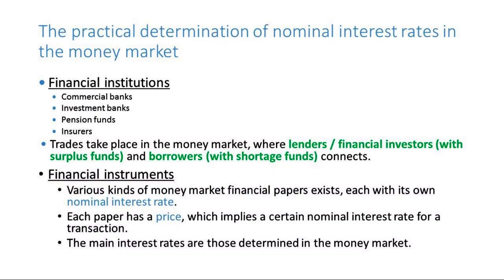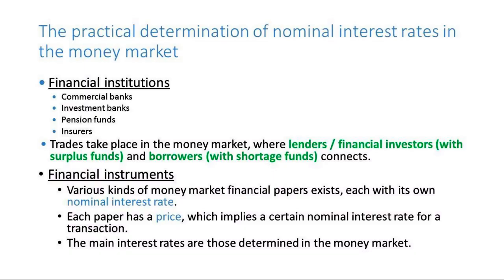When we talk about financial instruments, these are sort of financial paper or value paper, as it's also referred to, that is traded in the financial market. It's just a way of formalizing the borrowing and loaning of money that we talked about above.